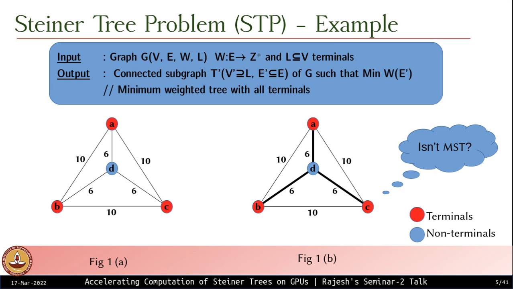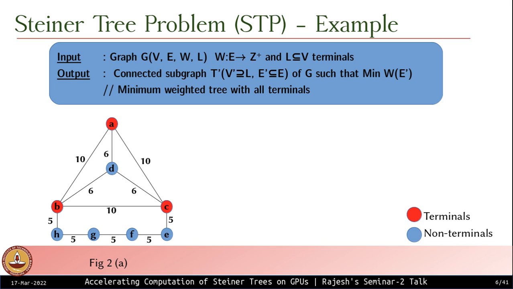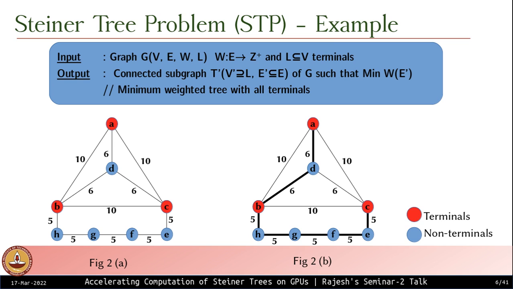For a minute it might look like the MST could actually solve this problem, and yes, the intuition is right, but let's modify this example a little bit and see how the MST algorithm performs in this scenario. The optimal for this instance is also the same as 6 in the previous case, whereas the MST would output a larger weighted tree in this case.